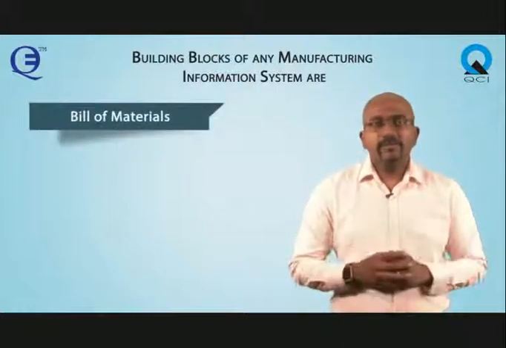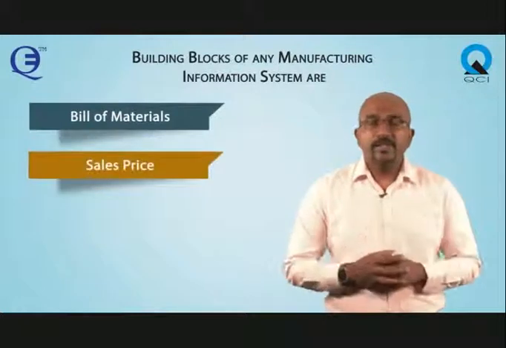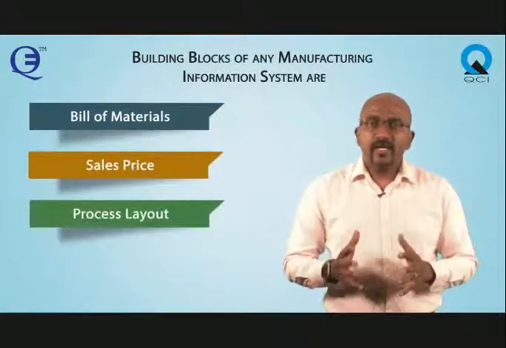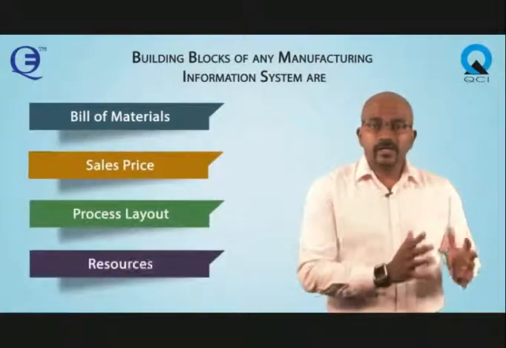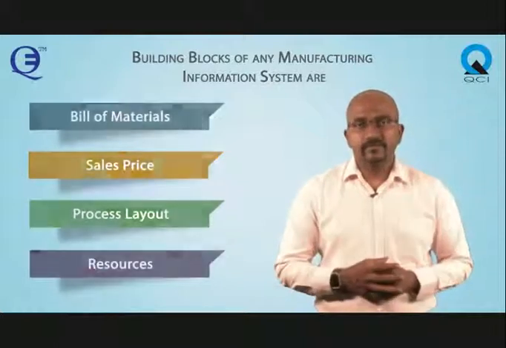We have the bill of materials, we have the sales price, and we have the process layout and our resources in front of us. Look at it again. All the information that one needs to run or take decisions in a manufacturing organization is here on one screen.